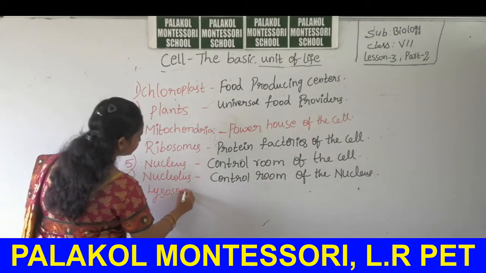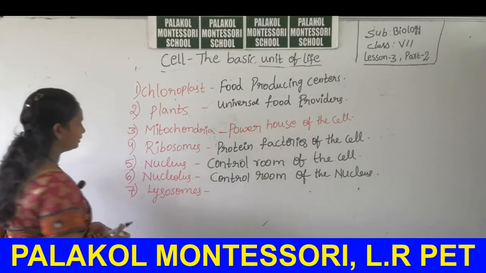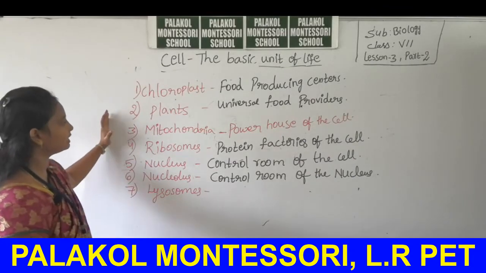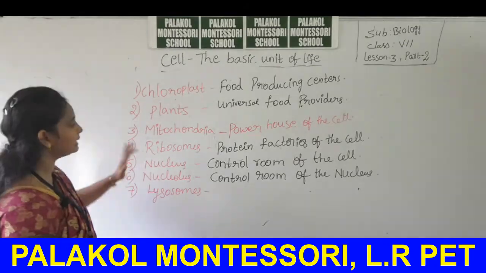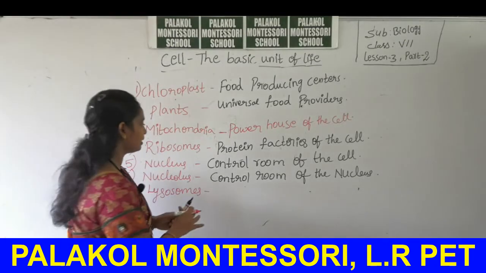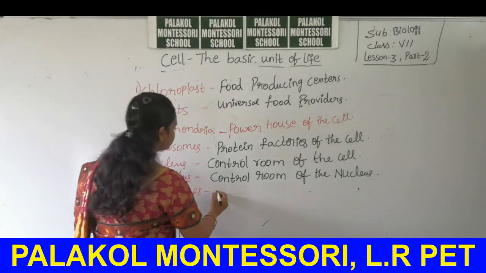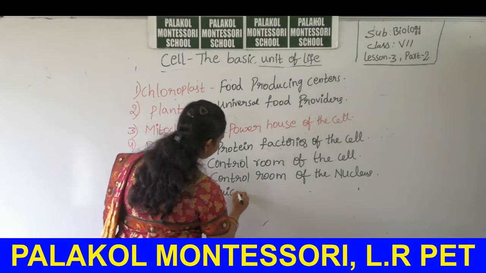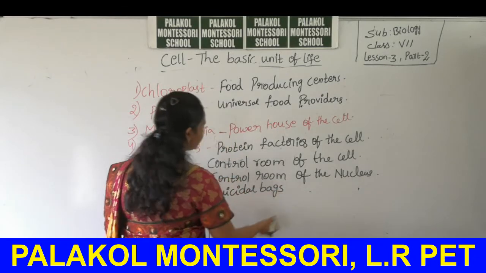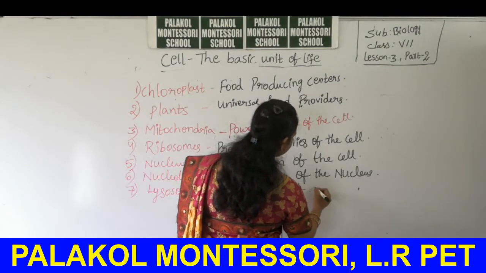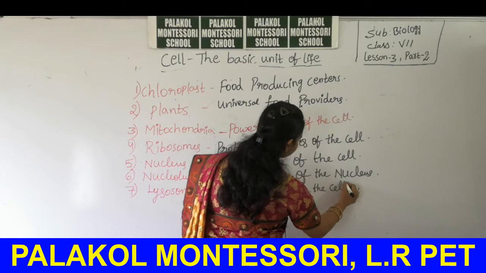Lysosomes, these all come in your 9th class, students. Structural and functional information of these cell organelles will come in your 9th class, but these names you have to remember. Lysosomes are suicidal bags of the cell.